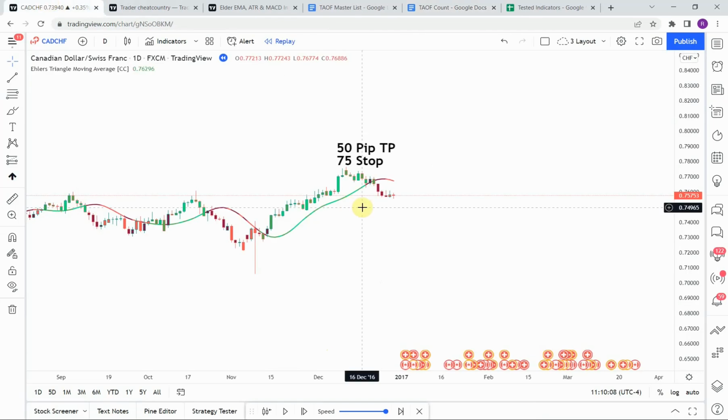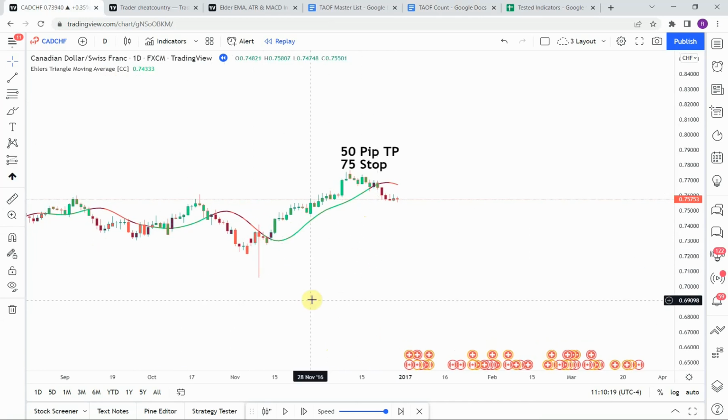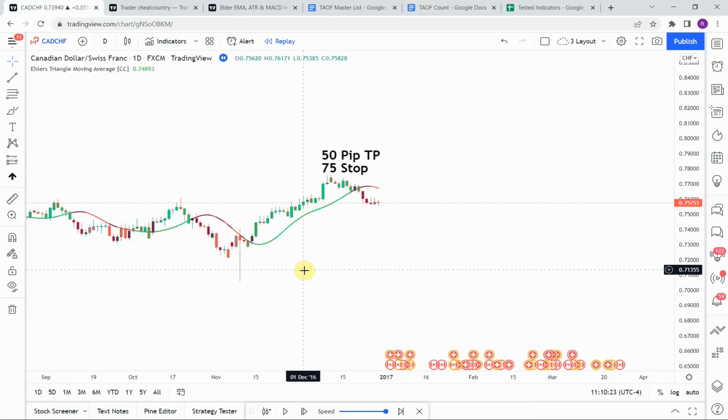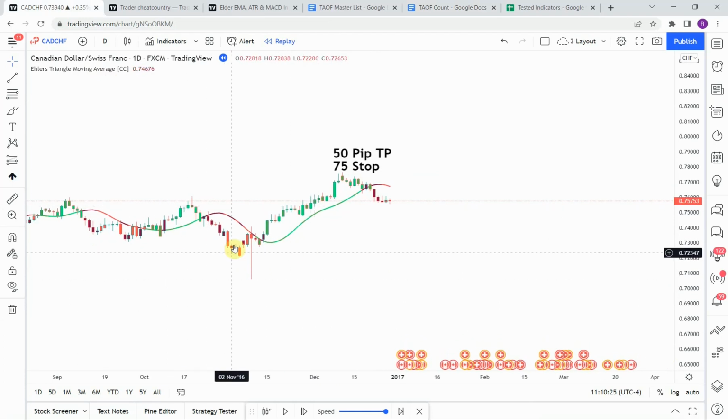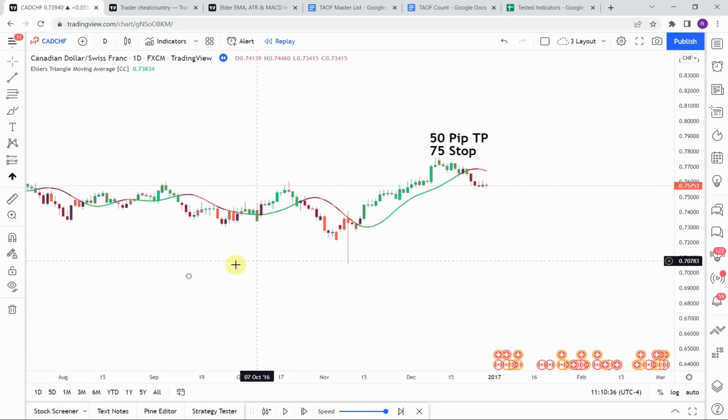Alright, so today's indicator is Ehlers triangle moving average, and you can see it here on screen. This is a Cheat Country indicator, he is the creator of this particular indicator, and like most of his indicators, it does have this bar coloration. A lot of the time we will turn that off by popular request in the comments. I also don't tend to like the bar coloration too much either.